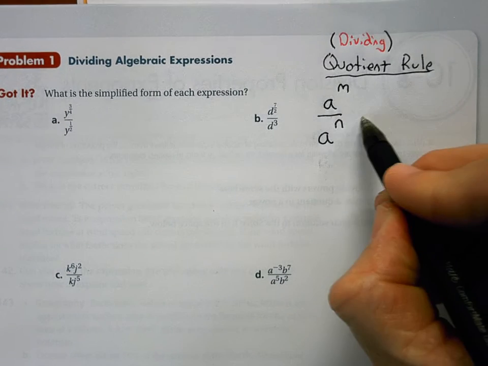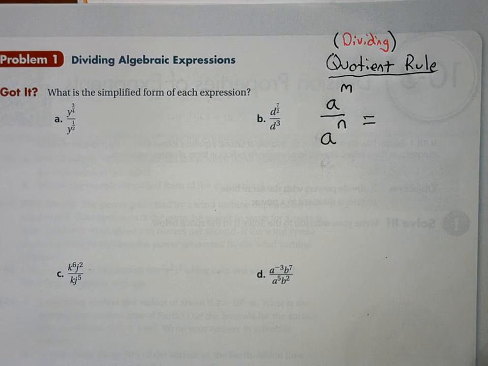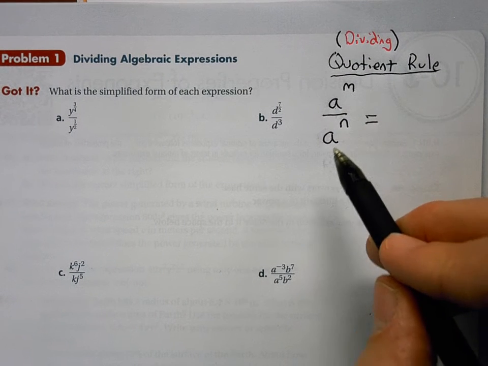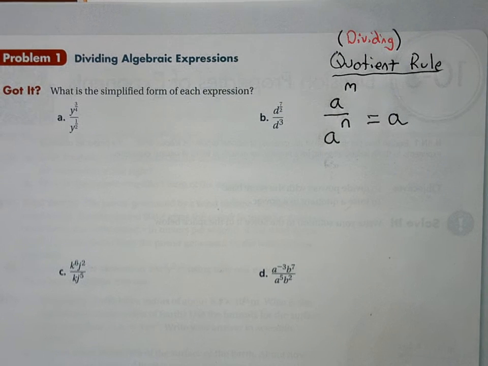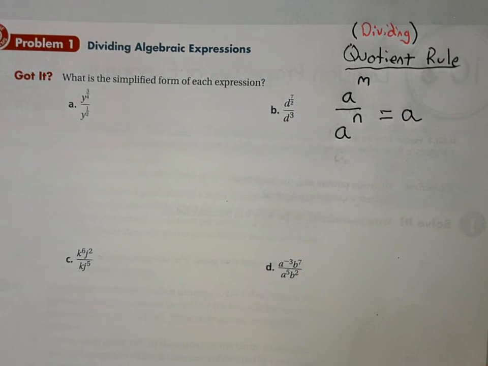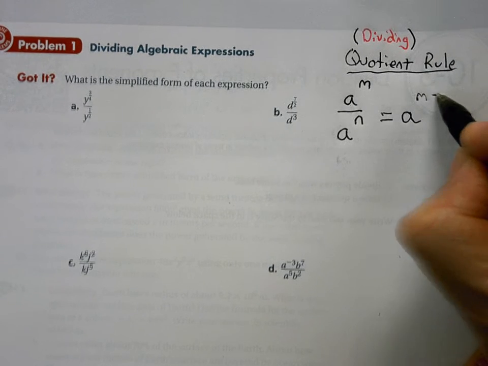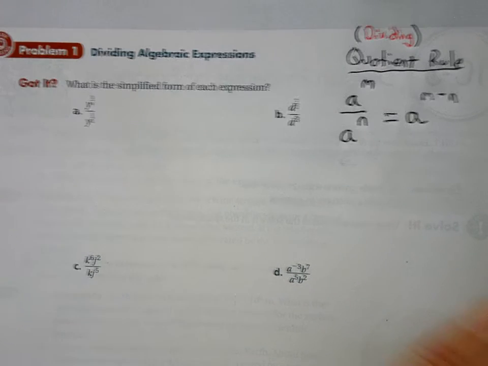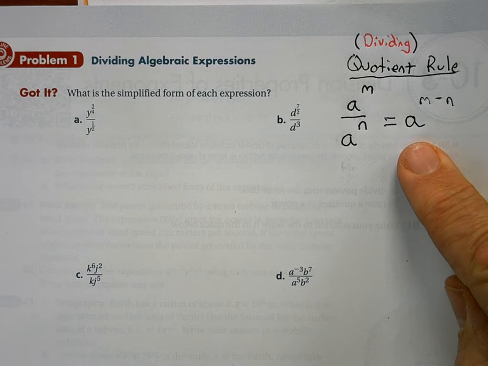The quotient rule says in order to simplify such a problem as this, what you do is you leave the base as whatever it is. So if the base is a, you leave the base as a, and then you subtract the two exponents from each other. So you would take the exponent of m, and from it you would go minus the exponent of n. Okay, you guys, that right there is the quotient rule.